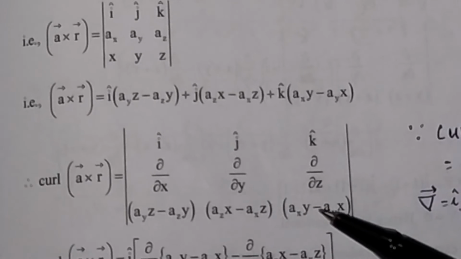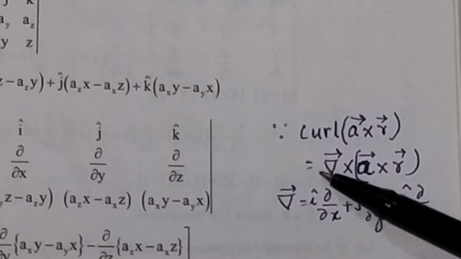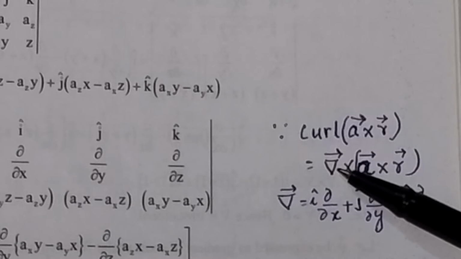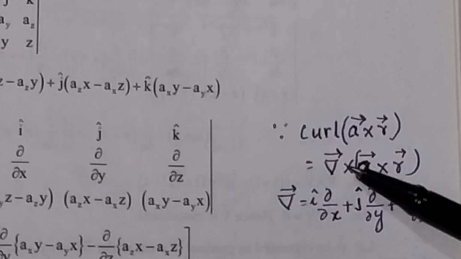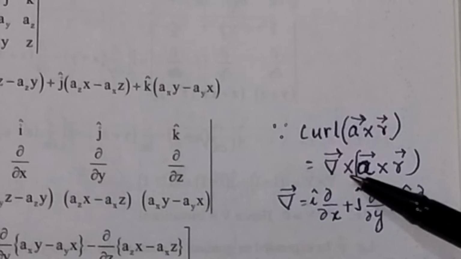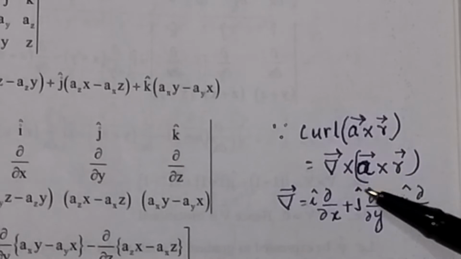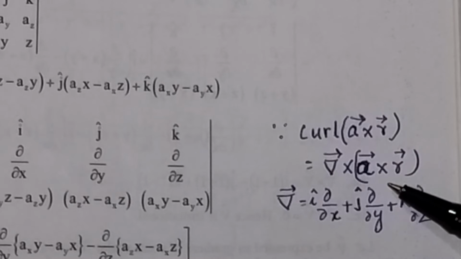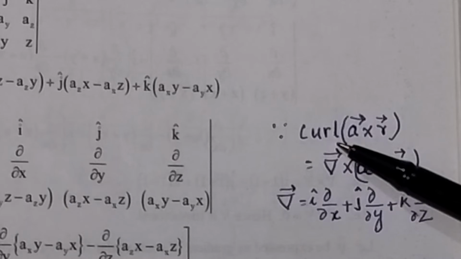And to find the curl of A cross R, you know curl of A cross R means the cross product of the del operator with A cross R. That cross product is a vector product, and that will give you the curl.